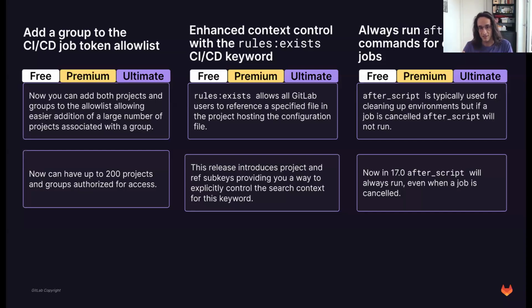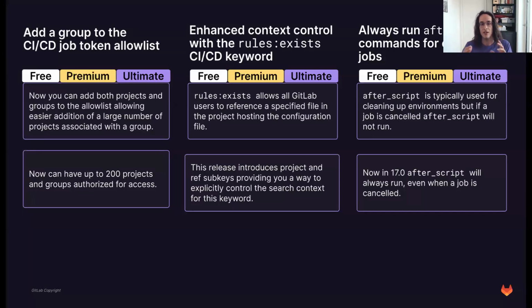So the rules:exists keyword worked a little bit differently up until this point. If you use that on a job scope or on a whole pipeline scope, it still works differently, but now you can be more explicit in terms of what you mean exactly when you use this keyword. I wouldn't like to get into the details of this.